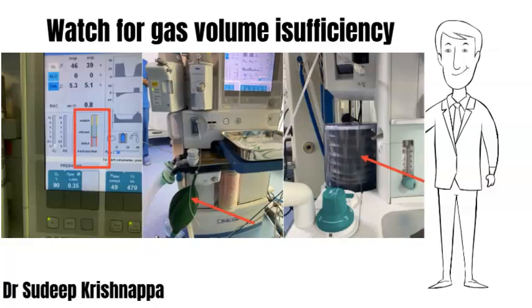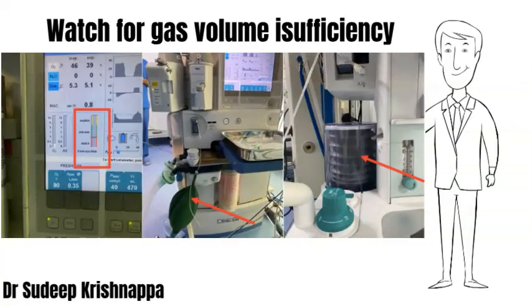In the far left of the screen is a screen of a Draeger Primus machine where you have a visual indicator of the adequacy of fresh gas flow. If the fresh gas flow falls down to the range of deficit, you know you may have to increase the fresh gas flow. Alternatively, if there is no visual indicator in other Draeger machines, keep an eye on the reservoir bag.